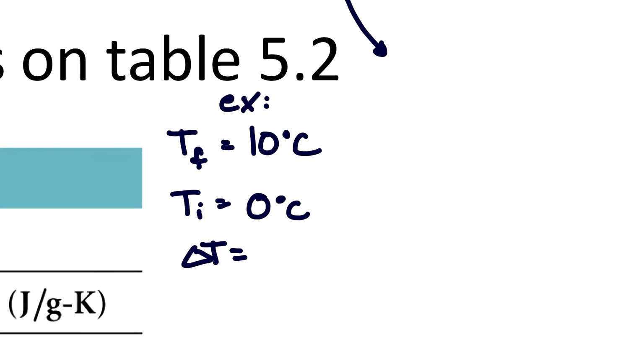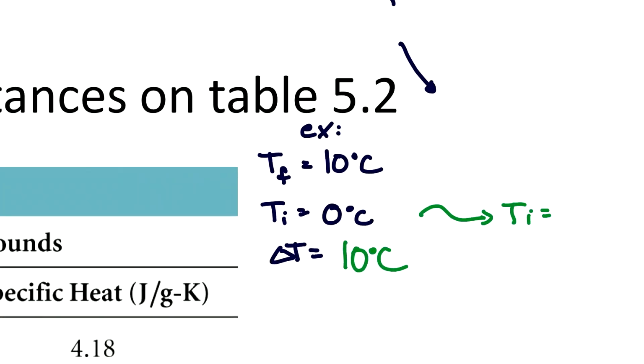If I tell you your initial temperature is 0 degrees Celsius and your final temperature is 10 degrees Celsius, what is delta T here? Final minus initial. It is 10. Do we all agree it's 10? Yes, it's 10 degrees Celsius. Now let's convert both of these Celsius temperatures into Kelvin. What is our initial temperature in Kelvin? Do you remember our relationship?